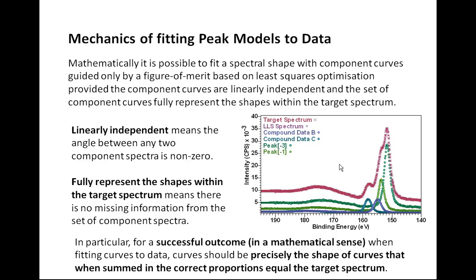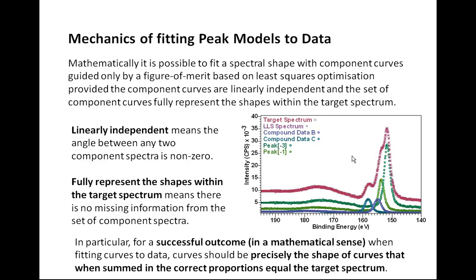If we consider this example here, we have a curve which represents the target spectrum and a least squares spectrum, marked by a cross and a plus, and then a set of 4 component spectra. When these component spectra are fitted to these data, the overlay of the crosses and the pluses produces a star, indicating an outstandingly good fit of these 4 components to this target spectrum.